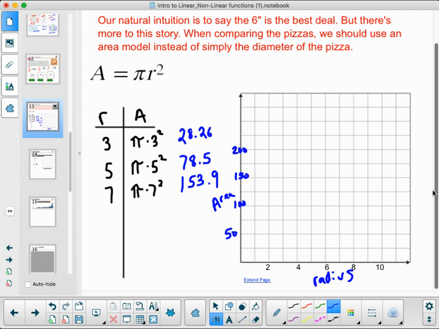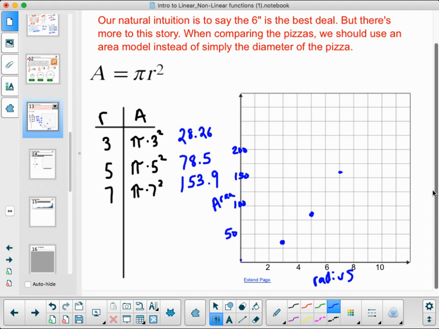With a radius of 3, you can see that our area is not super large, it'd be somewhere right in here. When we take the radius of 5, though, it jumps up to 78.5, about right there. And then the radius of 7 would get you all the way up to 153, so we're somewhere right here.